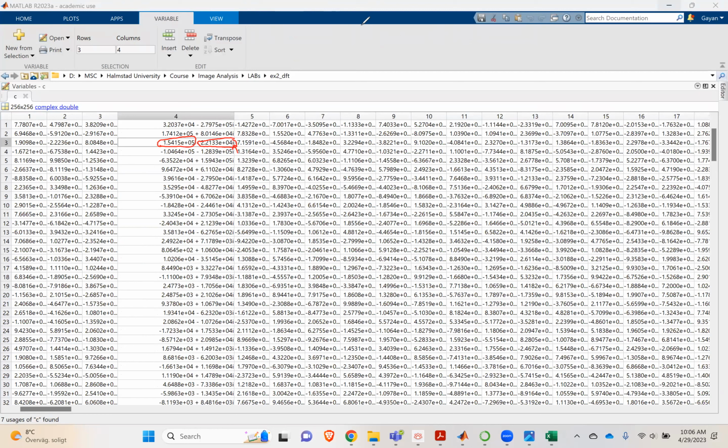Okay. A complex number you can represent in three ways. One is the a plus bi format. The second format is cos theta plus i sin theta. The third one is e to the i omega. Can anybody tell me the similarities of these?